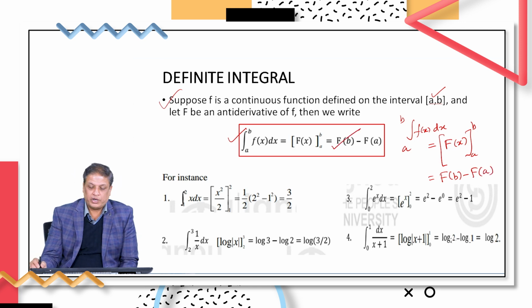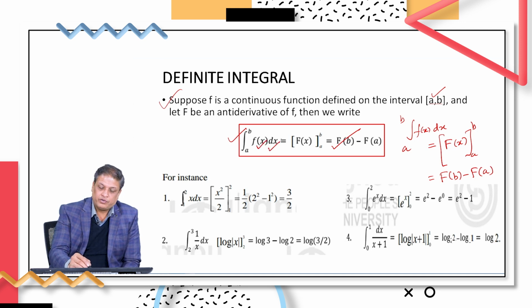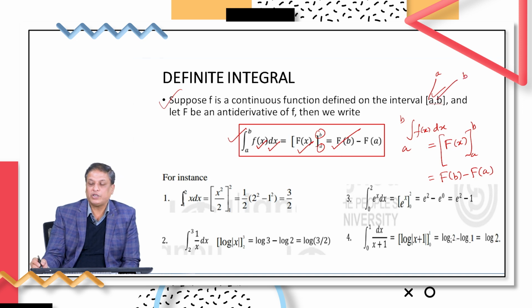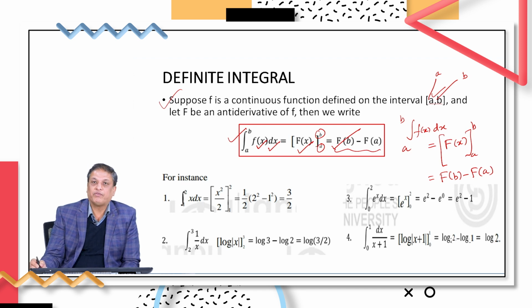You are supposed to integrate the function f(x) with respect to dx, over the interval a to b. There is a lower limit a and an upper limit b. Substituting the upper limit minus the lower limit, you will get the value of the function in the defined interval a to b.